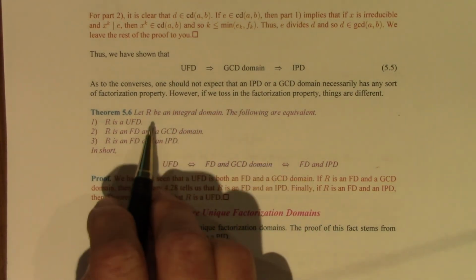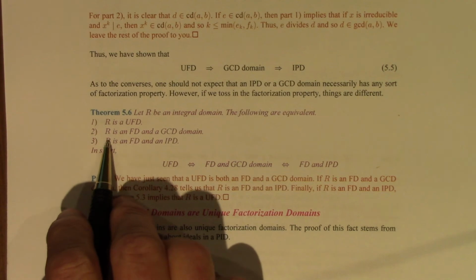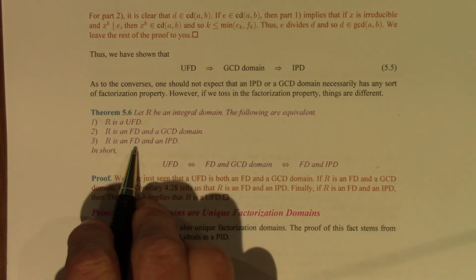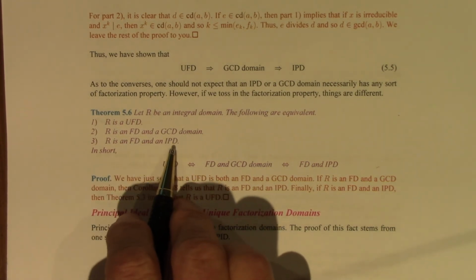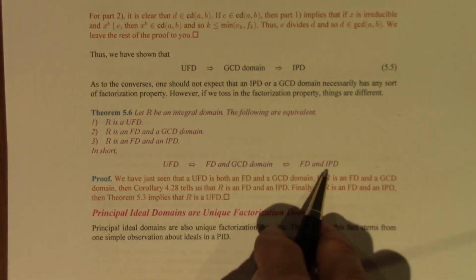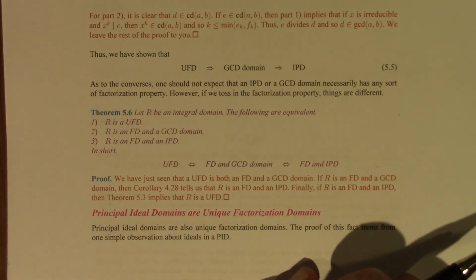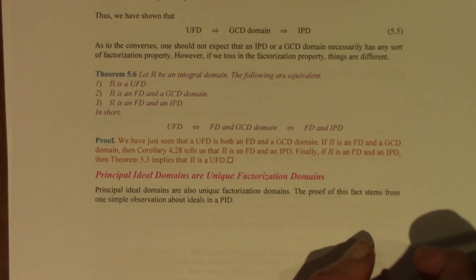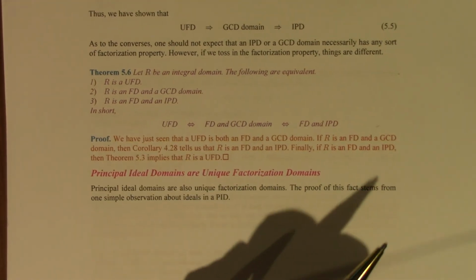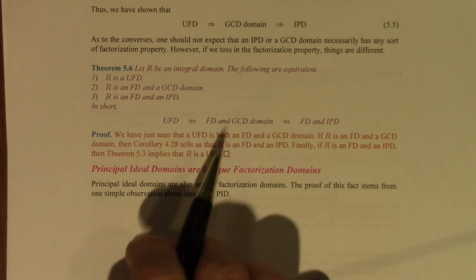R is a UFD, R is an FD and a GCD domain, R is an FD and an IPD. And so it looks like this. And the proof we've essentially already done. It's a matter of gathering together various results we've already looked at, so I'll leave that for you to think about.